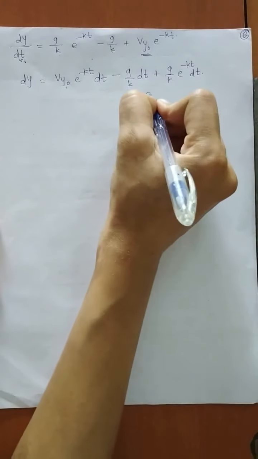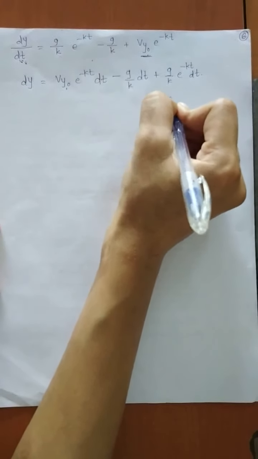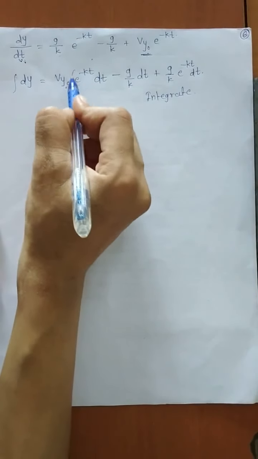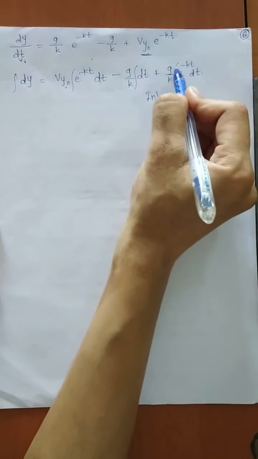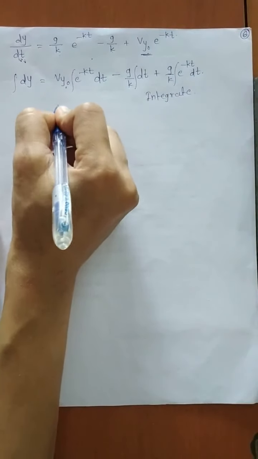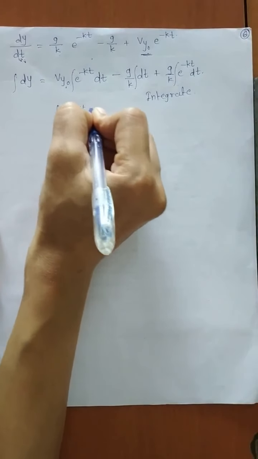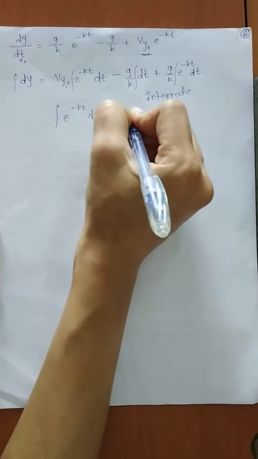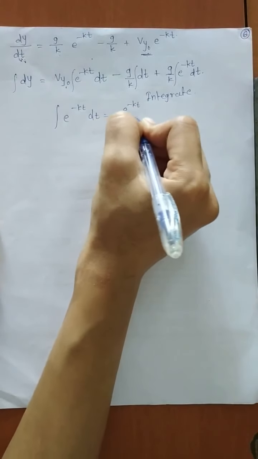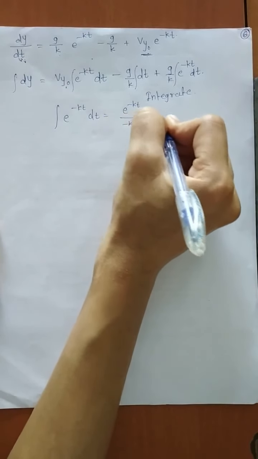So by integrating this, you have to solve these integrations. Now you already know that the integral of e raised to minus kt dt is nothing but e raised to minus kt upon minus k plus c.